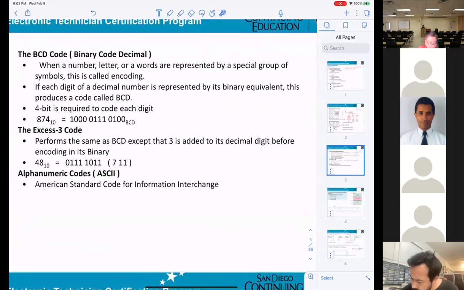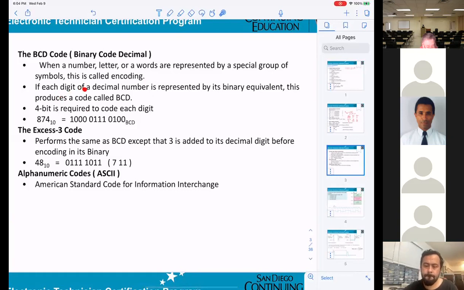Another code, BCD code, binary coded decimal. When a number, letter, or word is represented by a special group of symbols, this is called encoding.